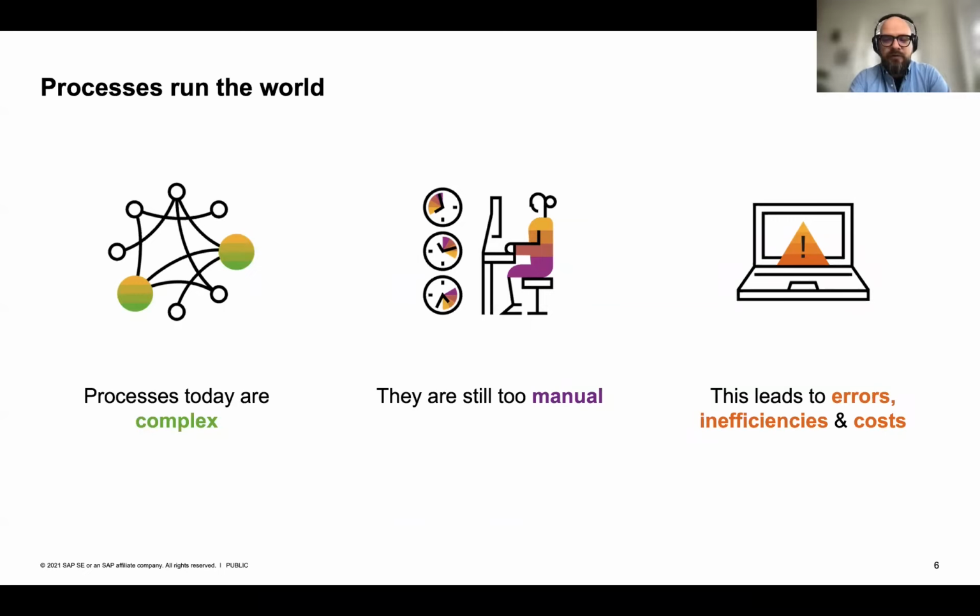What we're still experiencing is that processes, or parts of a process, are still manual. And of course, this often leads to broken processes, to errors, to inefficiencies, and in the end to higher costs. And this, of course, we need to avoid.